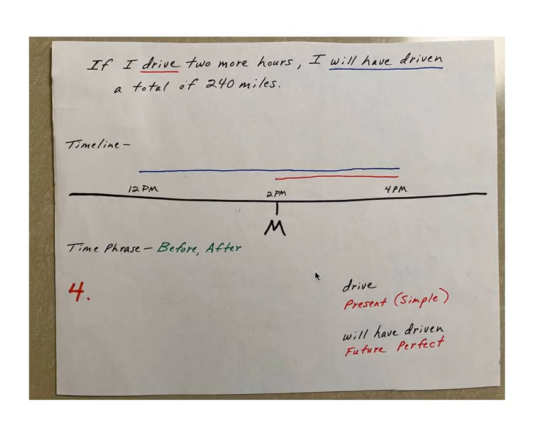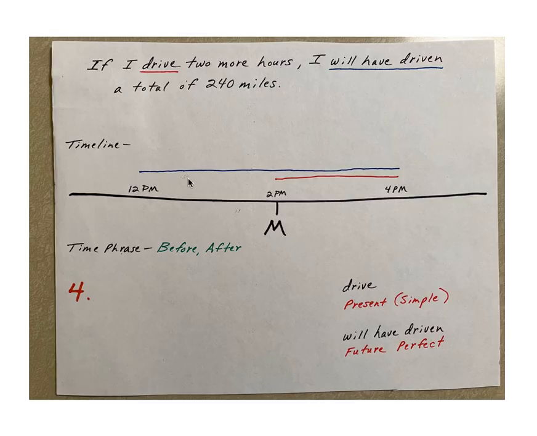All right. Example number 4. Subjunctive mood again. If I drive 2 more hours, I will have driven a total of 240 miles. So here's your timeline. If I drive, that's the red line. If I drive here, in other words, right after the moment of speech, I will have driven a total of 240 miles. So you see, will have driven means the total miles driven would be 240.